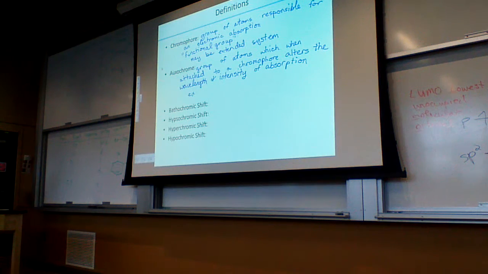So a couple examples would be, say, an alcohol or an ether, an amine, a halogen, or even a methyl group. All of these would be considered oxochromes.